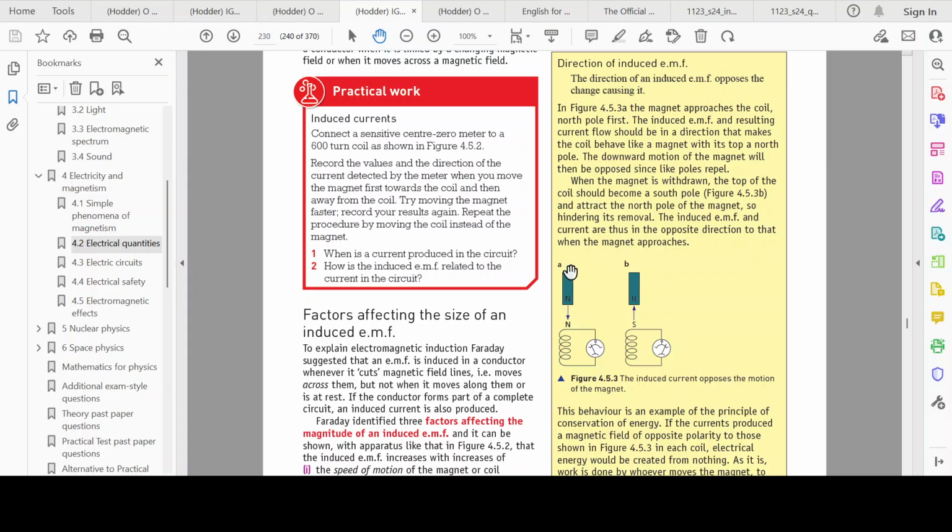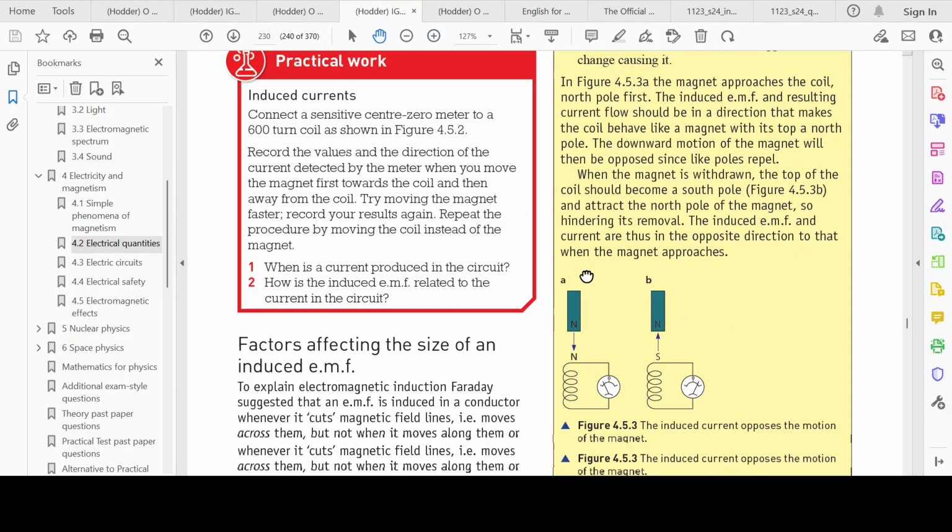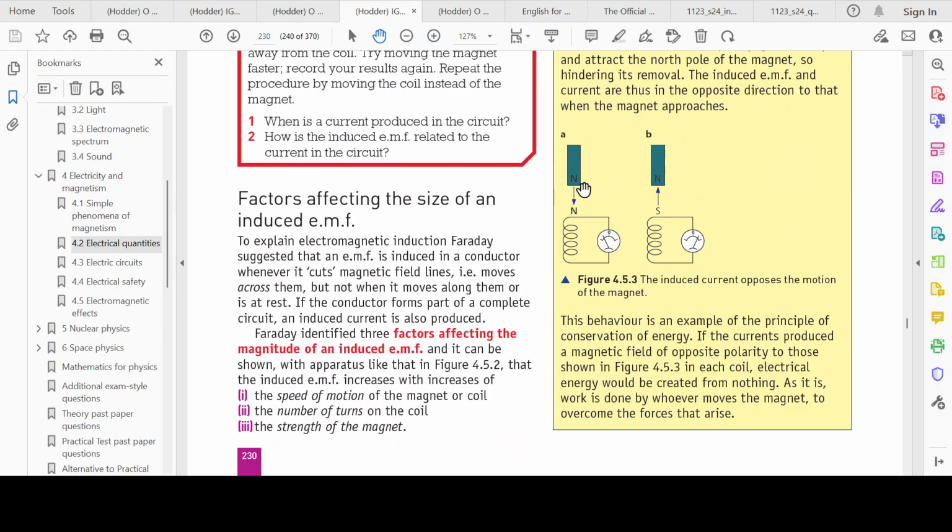So what's going to happen? We know that electricity has a magnetic field. So the magnet moving through the coil is going to cause electricity through this, and that electricity is going to have its own magnetic field. To oppose that, they're giving the example of the North Pole. So this is a bar magnet, and this is the North Pole.